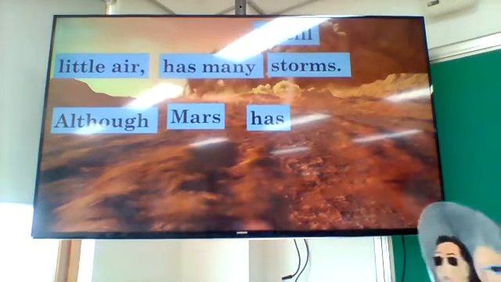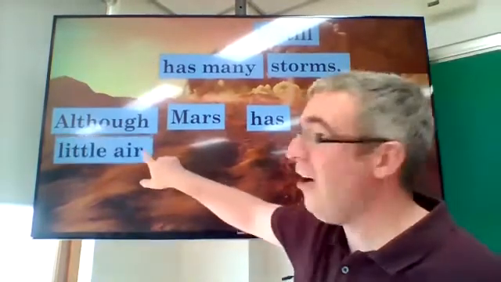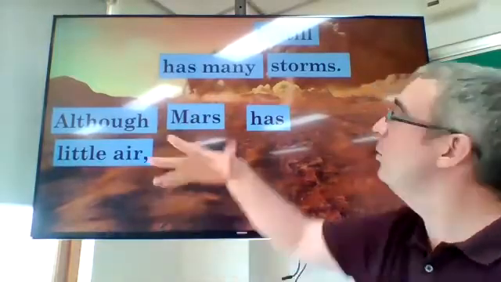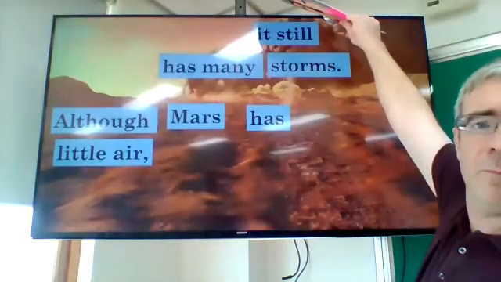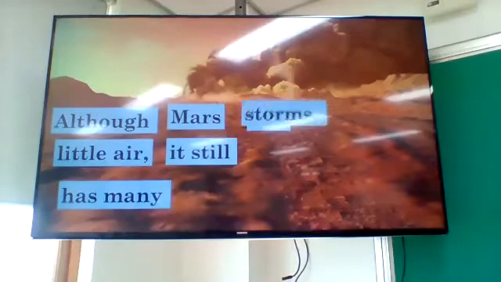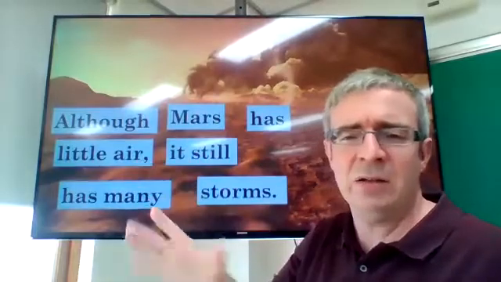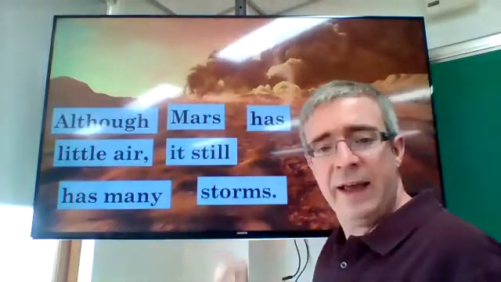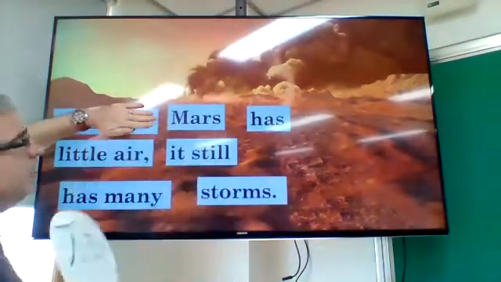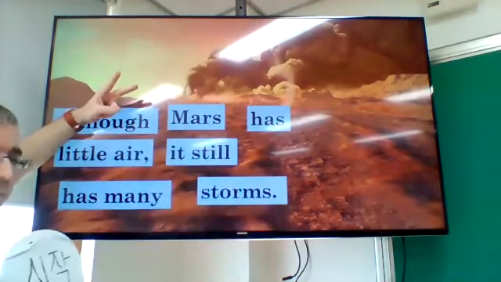The comma is always a clue. So although Mars has little air, just a little air, it still has many storms. And then with but, Mars has little air, but it still has many storms.